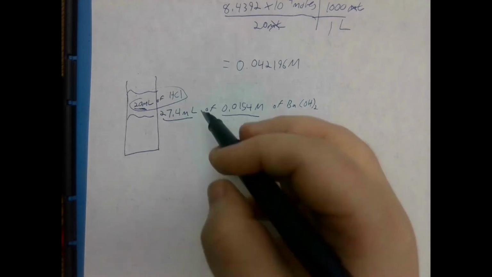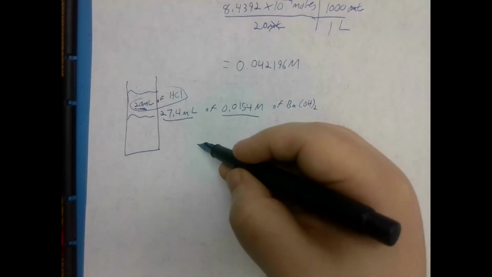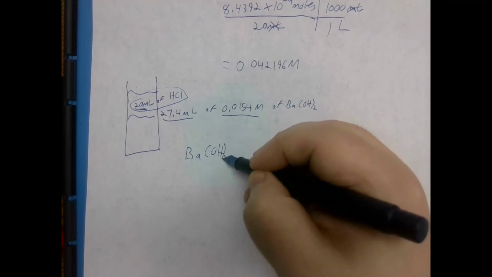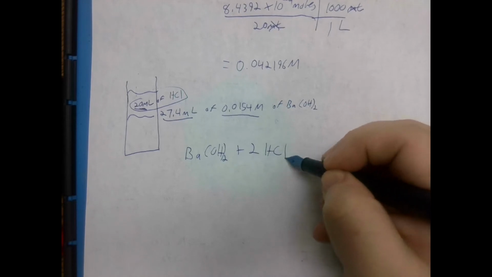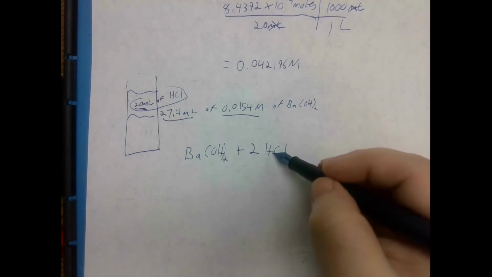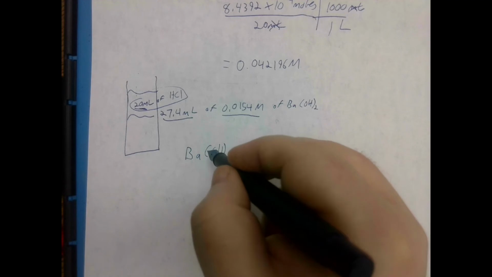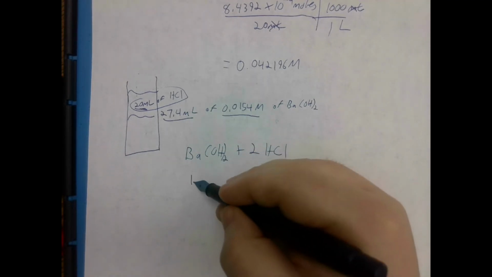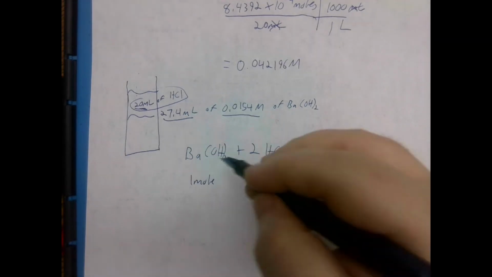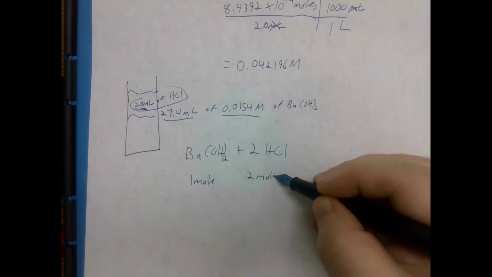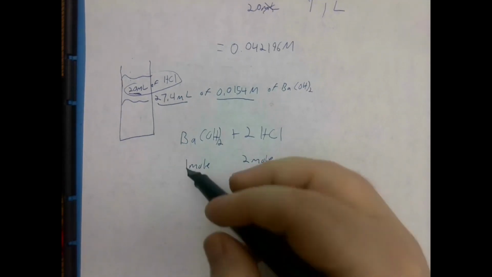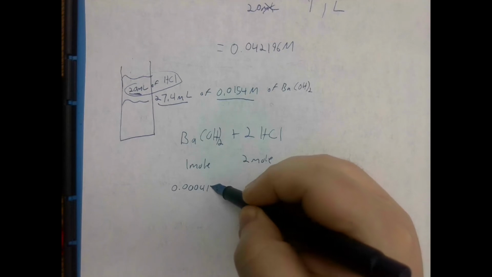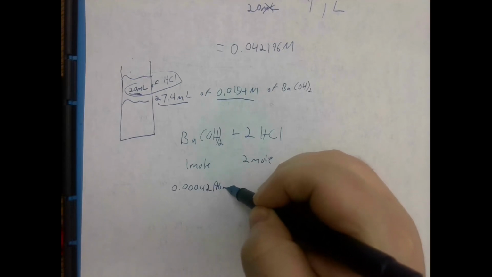And you do that because you figured out that the equation is 2 moles of HCl has to react, or 2 molecules of HCl react with 1 molecule of barium hydroxide. So if you have 1 mole of this, you know what you added had to have been 2 moles of this. We knew that it was 0.000414296 moles of this.